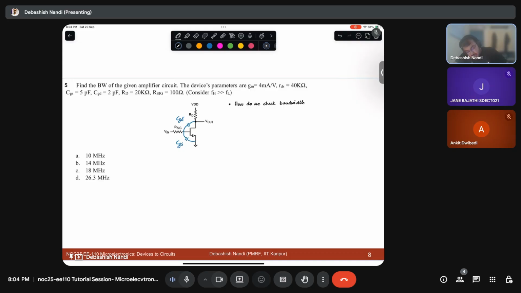How do we check bandwidth? From what plot? Bode plots.